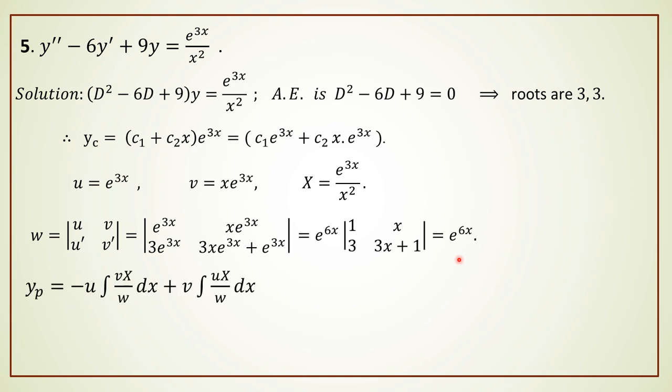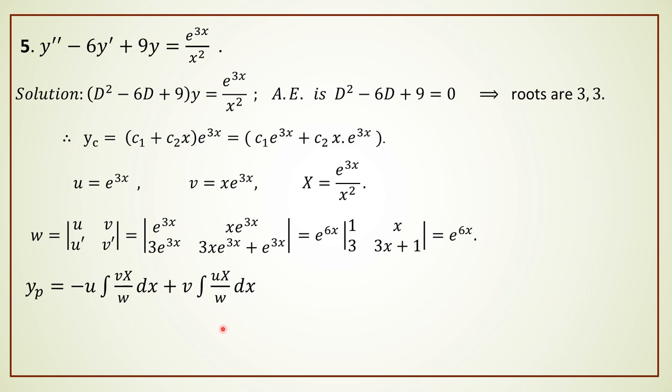Now let me compute the particular integral. The particular integral yp is given by minus u into integration of v into X divided by Wronskian with respect to x, plus v into integration of u into X divided by Wronskian with respect to x.